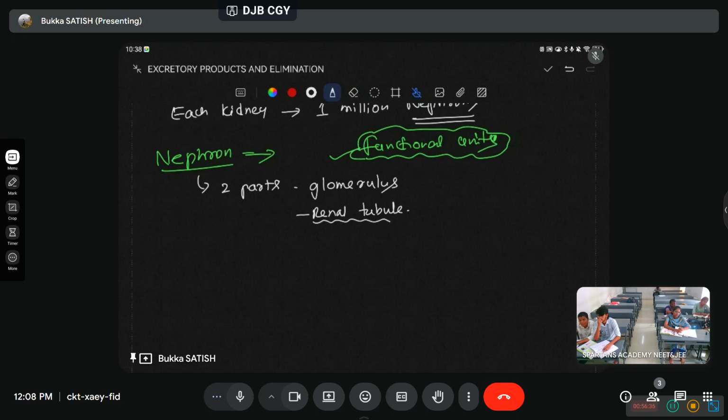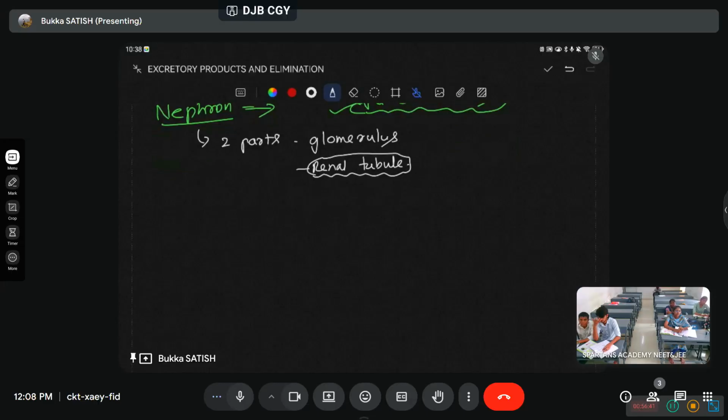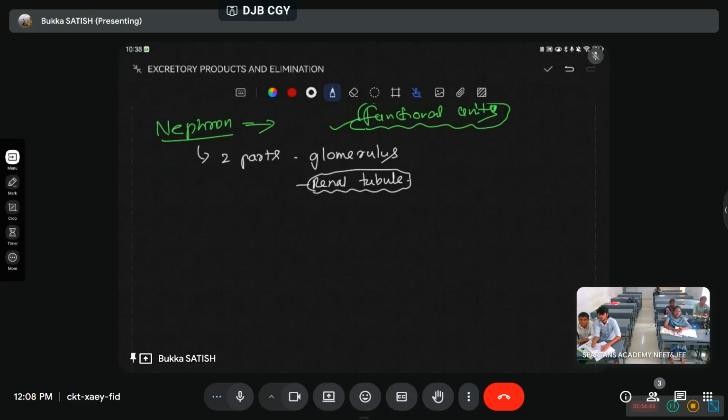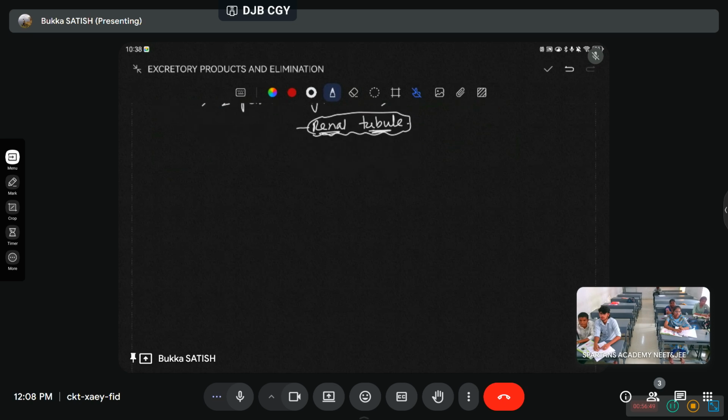Here we'll see first this renal tubule part, exactly how this renal tubule is, and then we'll see how the glomerulus is. Now, renal tubule means kidney tubule, a tubular structure. That's why the name renal tubule. Coming to the different parts of this renal tubule, the first component is a capsular structure called the Bowman's capsule.